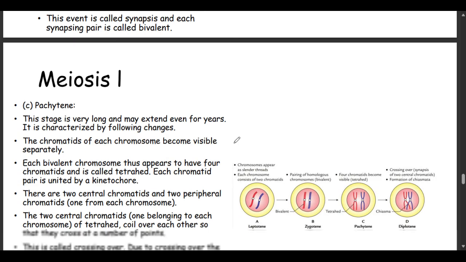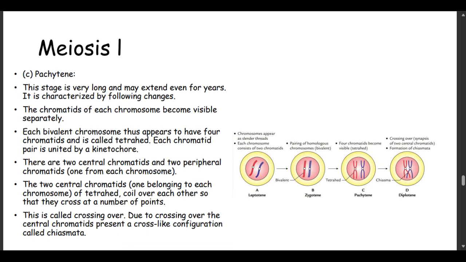And then the pachytene stage, which is the third stage, is very long and may extend even for years. It is characterized by the following changes. The chromatids of each chromosome become visible separately. So, like we are seeing there, you can see the chromatids of each chromosome. This is an entire chromosome, while the chromatids are these single sides there.